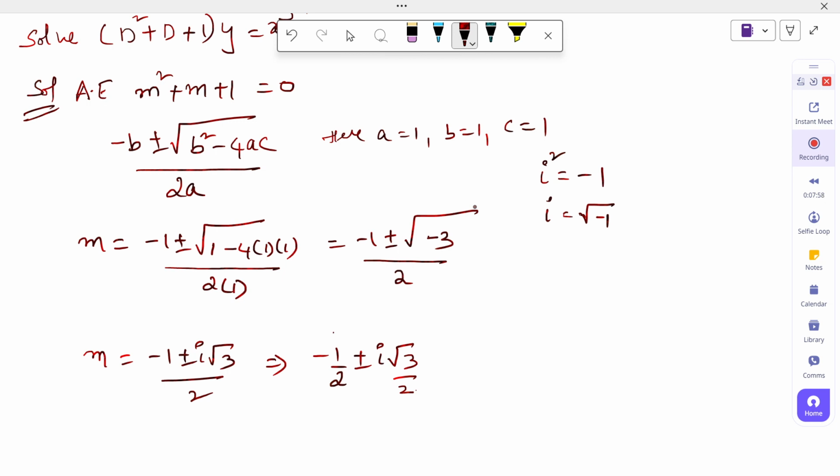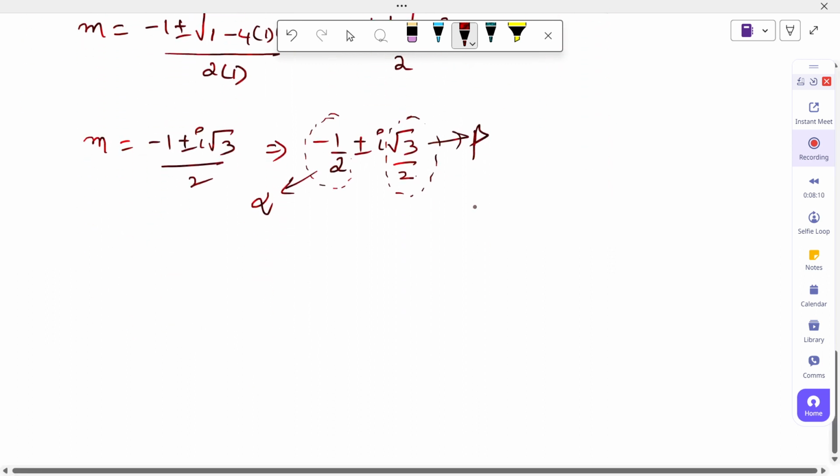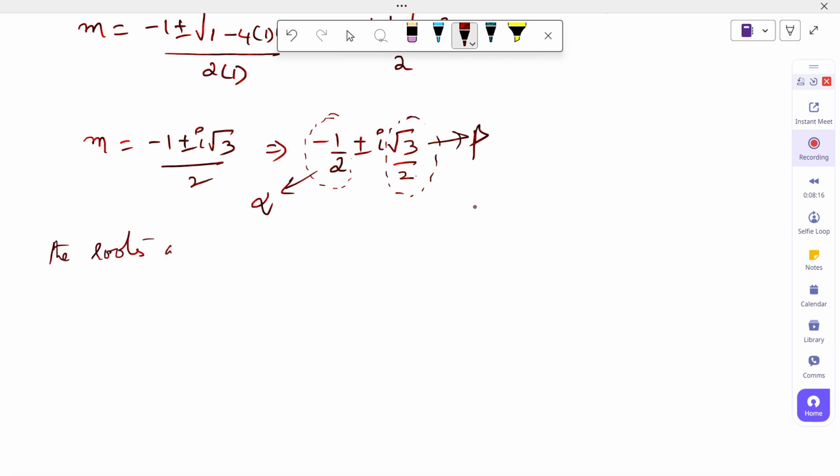This value stands for alpha, and this value stands for beta. The roots are complex roots.